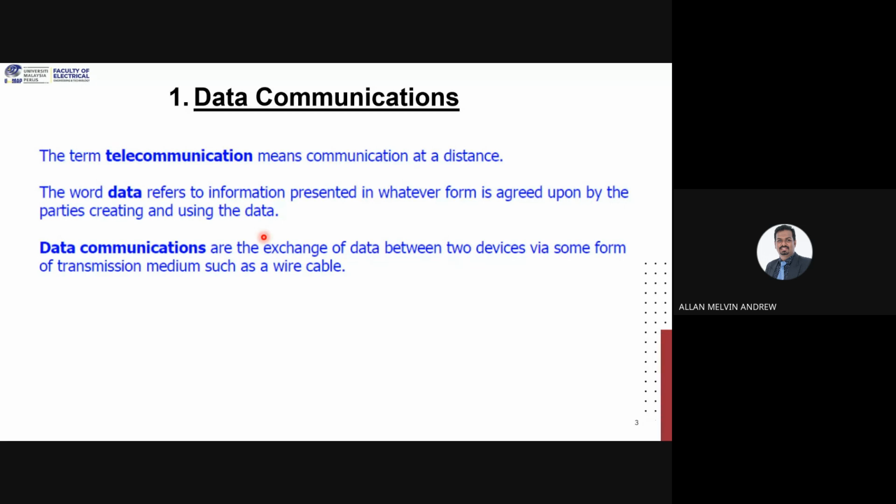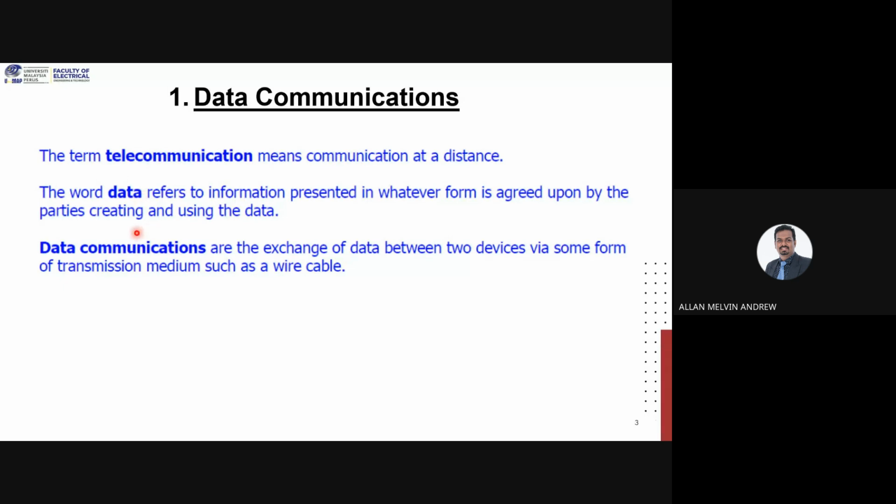Agreed upon by the parties means both sender and receiver understand and agree with the data communication. They will be creating the data and also using it, either in their own application or transmitting it to another place. When all these conditions are met, then we call the information data.